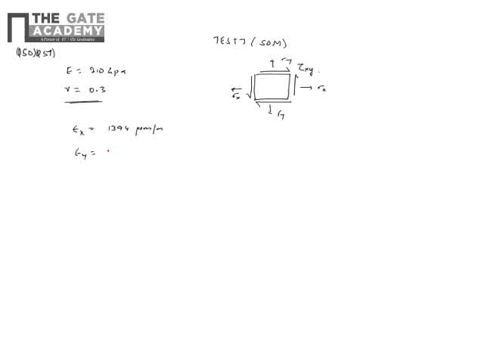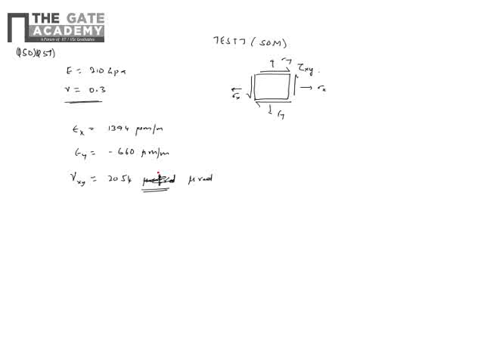Epsilon y is minus 660 micrometer per meter, and the shear strain is 2054 micro radian, it is better to call it micro radian.